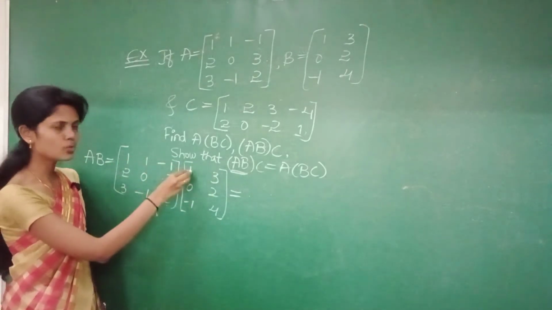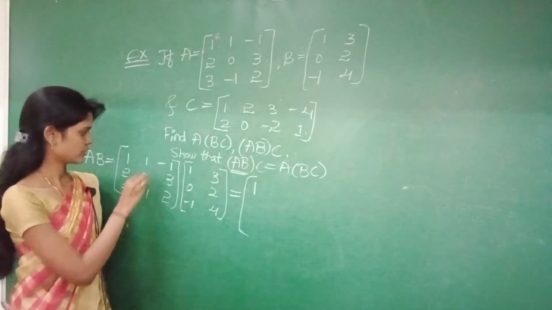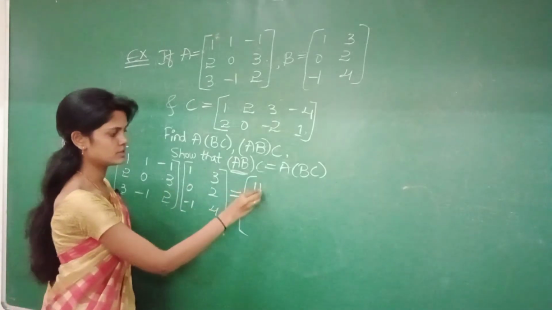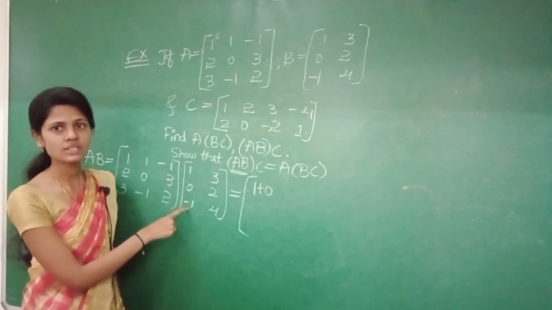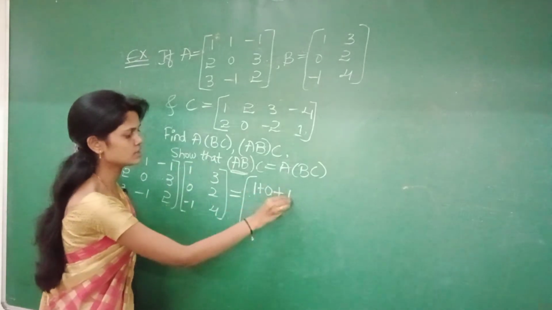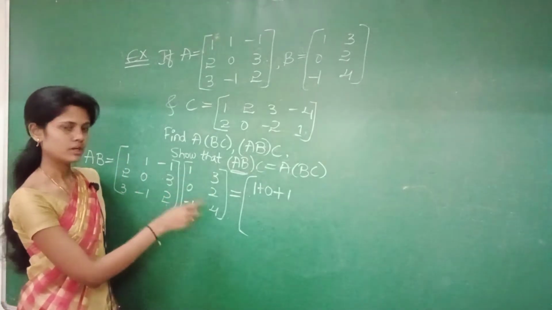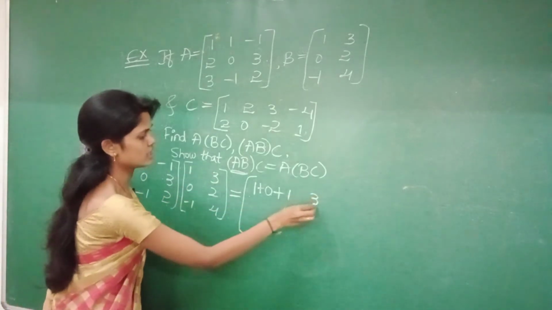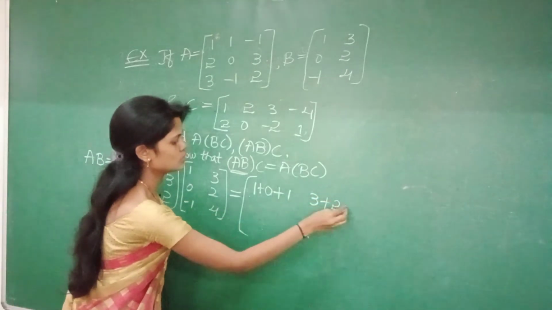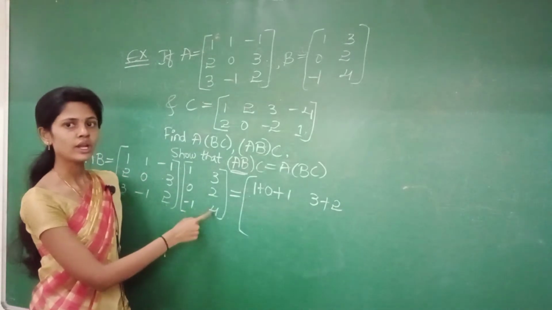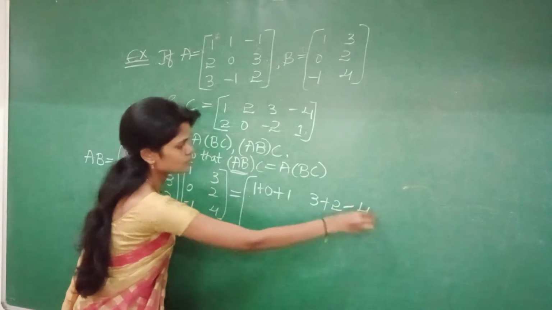So 1 into 1 is 1, plus 1 into 0 is 0, plus minus 1 into minus 1 is plus 1, so it is 2. Then first row, second column: 1 into 3 is 3, 1 into 2 is plus 2, minus 1 into 4 is minus 4, so it is 1.